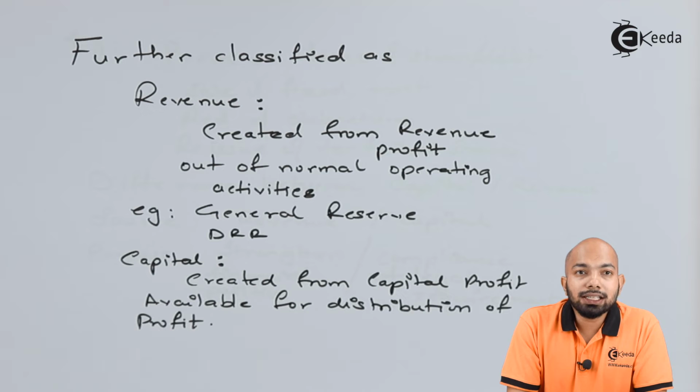We'll further classify what examples can be shared when it comes to revenue reserves. Revenue reserve is mostly related to operating activities, the business transactions, and the amount that is earned over and above the expenses will be termed as revenue reserve. This will be specifically used for all things that we require when it comes to business transactions.